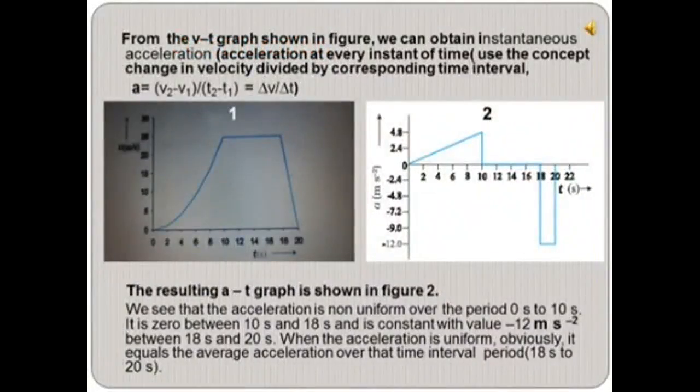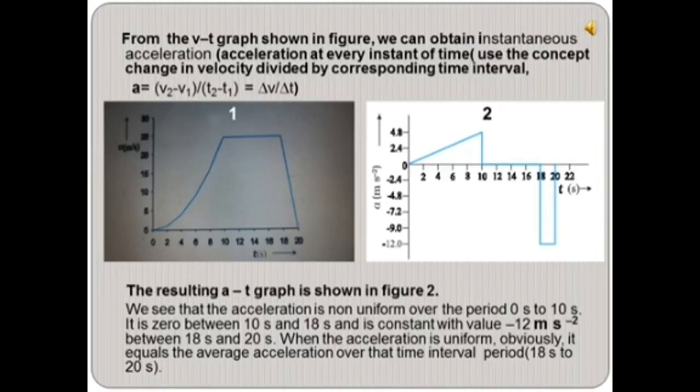From the VT graph, which is the velocity time graph shown in the given figure, figure number 1, where we have represented time along x-axis in second and velocity in y-axis in unit of meter per second, we can obtain instantaneous acceleration, which is acceleration at every instant of time.